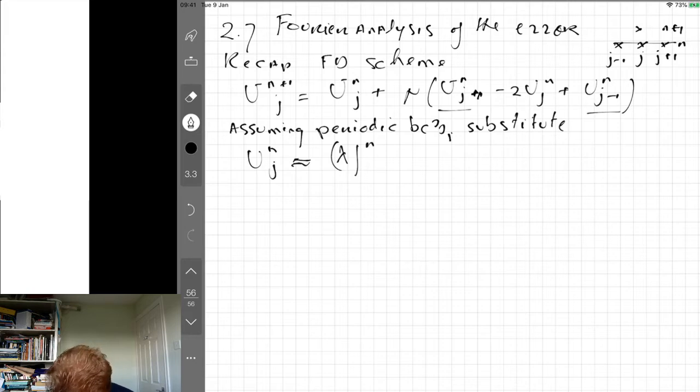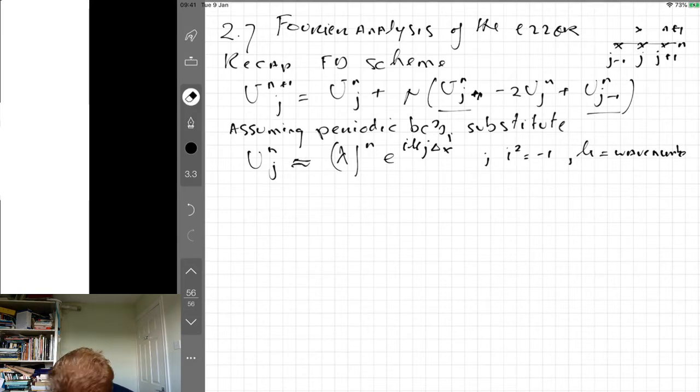So this is now a power, as opposed to a superscript index, times e to the power ikj delta x, where j we are familiar with, delta x, i squared is minus 1, the imaginary unit, and k is a wave number.